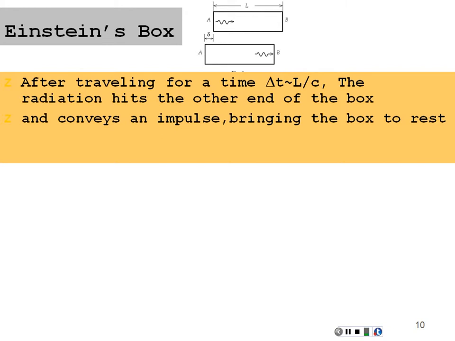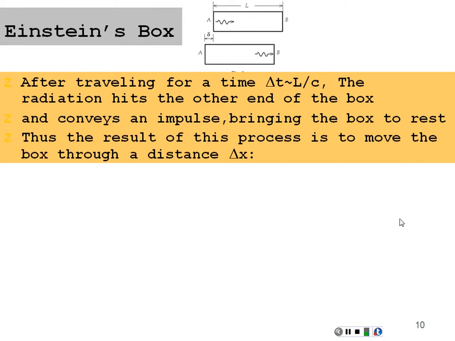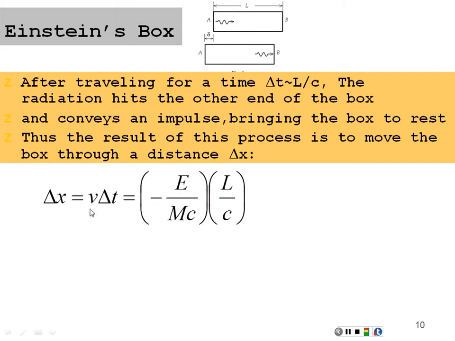So the box will come to rest after being hit by this photon pulse. The result of this process, finally, is to move the box some distance, delta x, equal to the velocity of the box times this change in time. Velocity equal to negative E over mc, and the change in time was L over c.